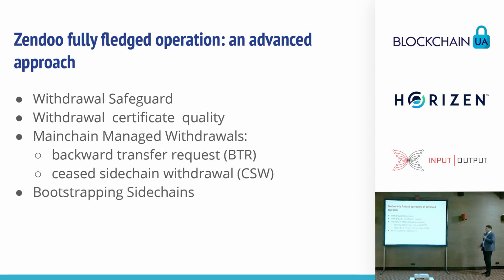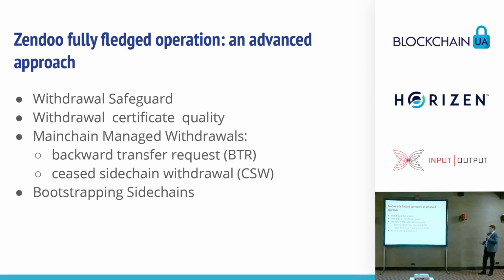Using this safeguard, we guarantee that no more coins will appear in the main chain than were sent to the sidechain. Even in the very unlikely case that there is some very serious mathematical mistake in the zero knowledge circuit, even in this case, the main chain remains secure.